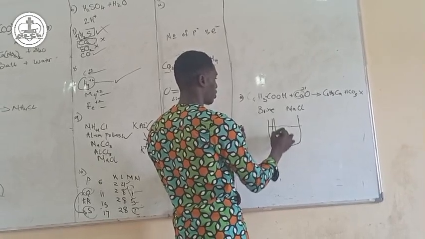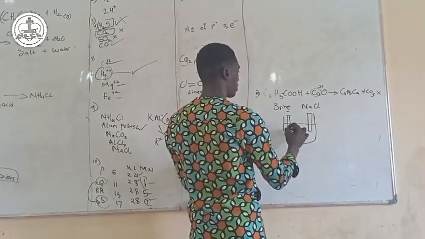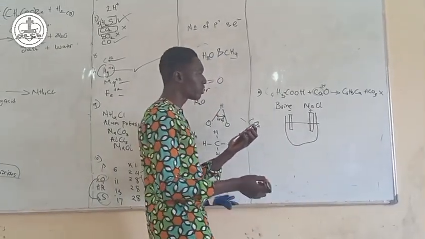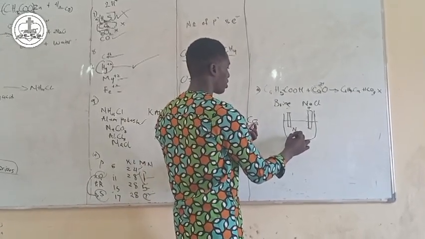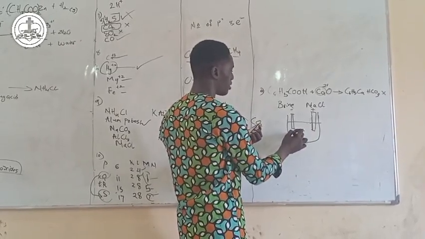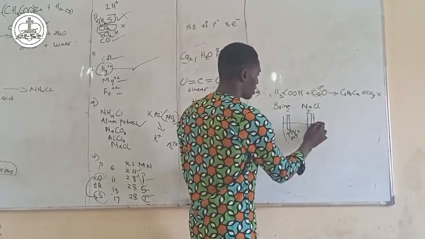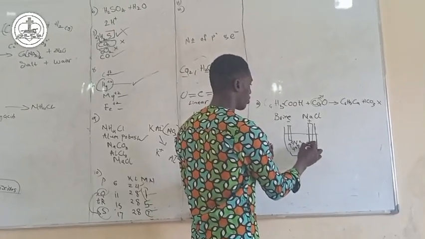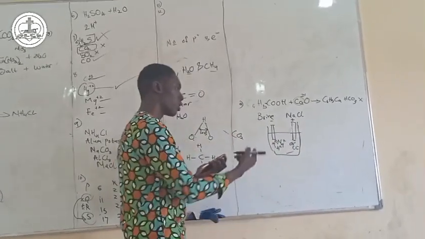So we have negative and positive electrodes. The positive ions, which will be Na plus and H plus, will move to the negative electrode, while the negative ions, which are Cl minus and OH minus, will move to the positive electrode.